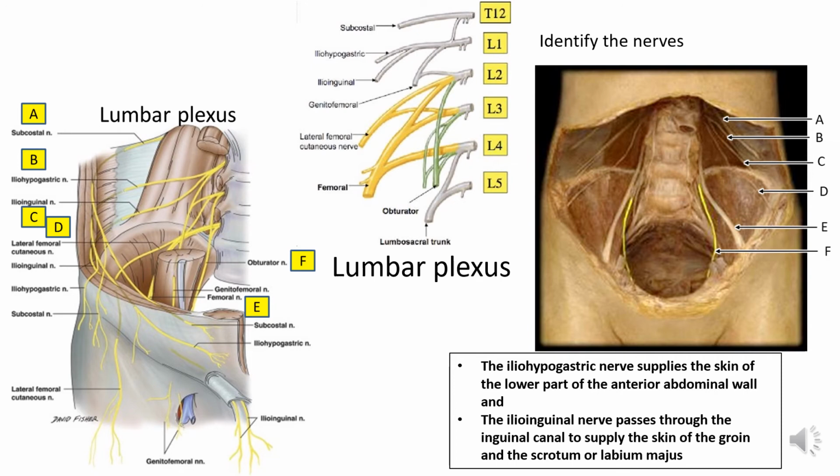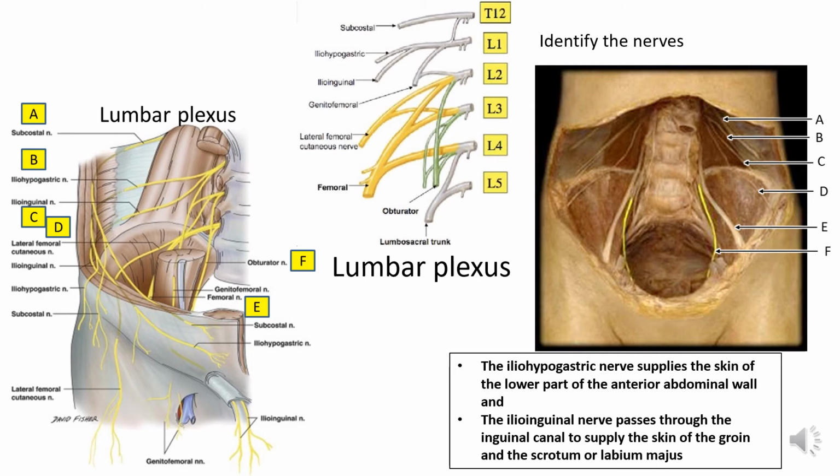As I mentioned in the previous slide, the anterolateral abdomen also receives nerve fibers from the iliohypogastric and ilioinguinal nerves. Both nerves arise from lumbar spinal nerve 1 or L1. The iliohypogastric is the continuation of the superior branch of the anterior ramus of L1.